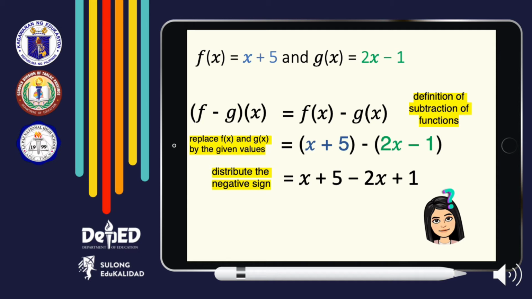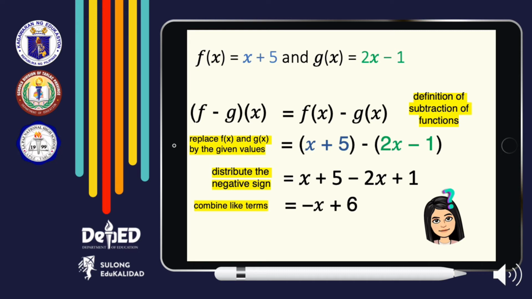So x + 5, negative times 2x is negative 2x, and negative times negative 1 is positive 1. And lastly, let us combine like terms. So x - 2x is negative x, and positive 5 plus 1 is positive 6. Therefore, our final answer is -x + 6.